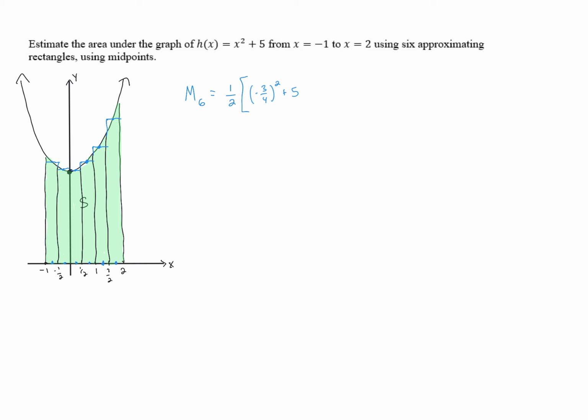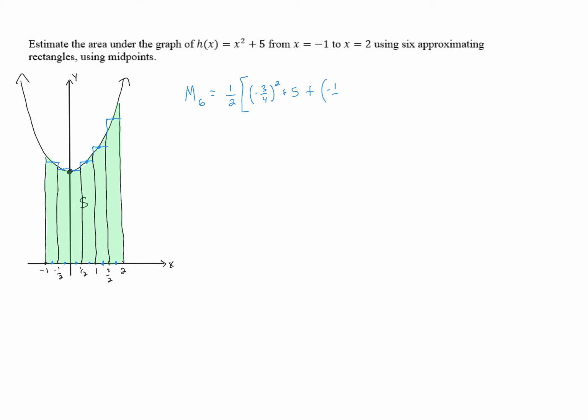Remember, we're taking the midpoint as our x value, which in this case is -3/4, and we're plugging it into x in our function to figure out the height. So we're plugging in -3/4 for x. So it's -3/4 squared plus 5. That's the first one. And then plus the next one, this midpoint halfway between 0 and -1/2 is -1/4.